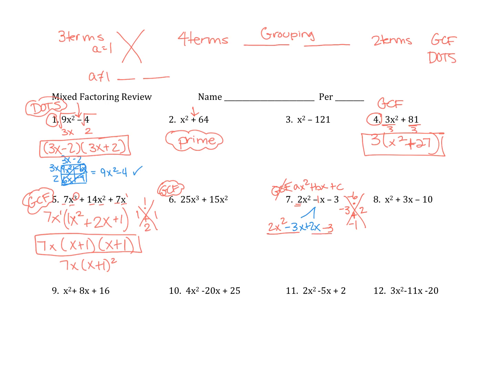In the first 2, I have a GCF of x, and I get 2x minus 3 when I divide it out. 2x minus 3 has nothing in common, so I have to factor out a positive 1 so that I have something that I can throw in my leftover parenthesis. My same parenthesis is my 2x minus 3, so let's factor that out and throw the leftovers in my leftover parenthesis. That would be an x plus 1.